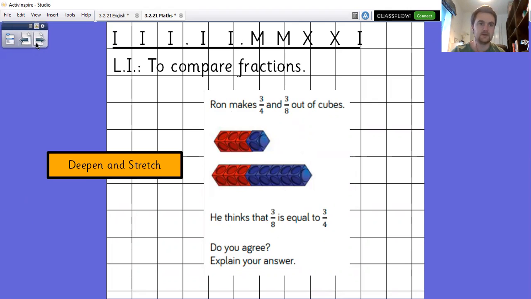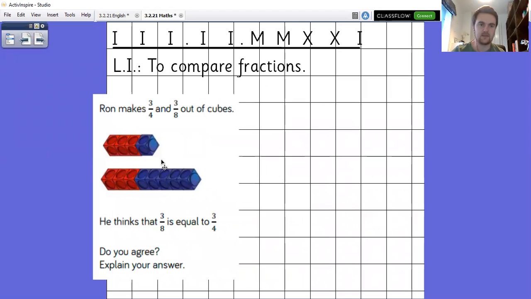Okay, so hopefully you noticed that the whole that Ron is comparing isn't equal, which means that 3/4 and 3/8 can't be equal in general, because for them to be the whole, both of the wholes would have to be 8 cubes. And that would mean that we needed another 4 cubes for the top one.